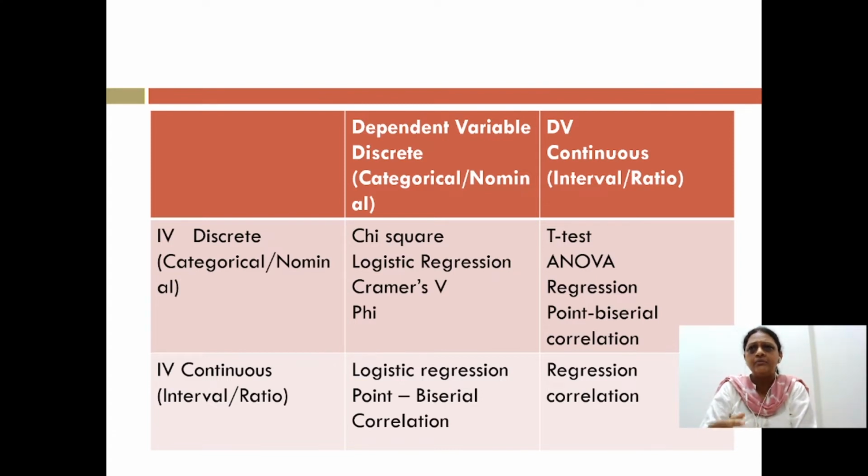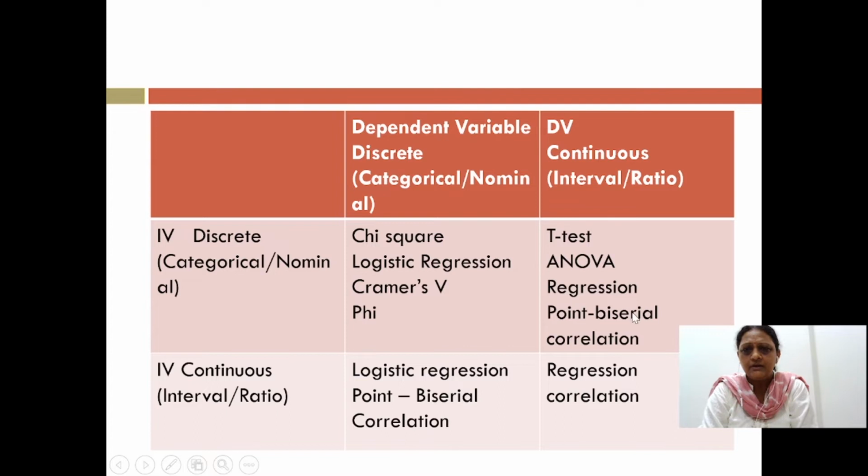You have asked them to rate some factors. You have asked them the question on a Likert scale. So they become the interval and ratio scale. You have asked them about income, price, everything. So they are ratio scales. So if your independent variable is continuous and your dependent variable is categorical or nominal in nature, you can use the logistic regressions or point biserial correlations.